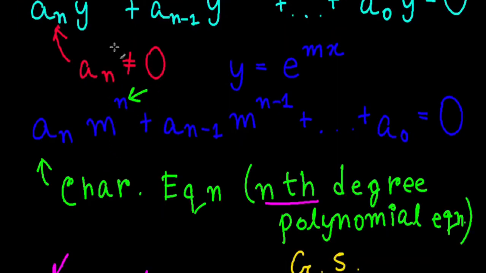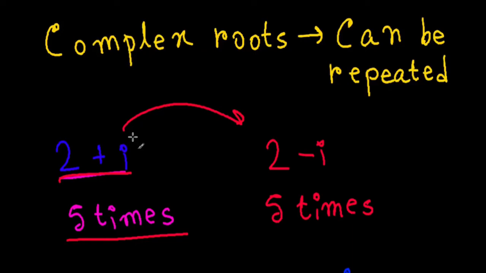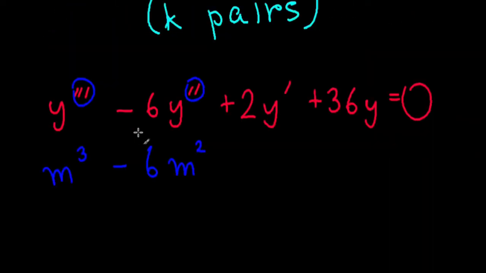Actually, I did mention that: your derivative order, replace that with m to the power of the derivative order. Anyway, so now back to topic. Minus 6 m squared plus 2, it's the first derivative, so just m to the power of 1, plus 36. Y, you don't need to replace that with anything, or just 1 really. So plus 36 equals 0.